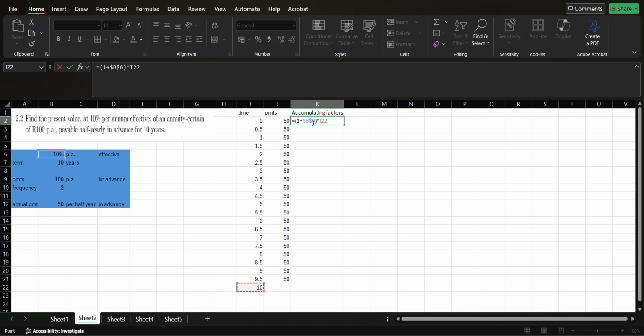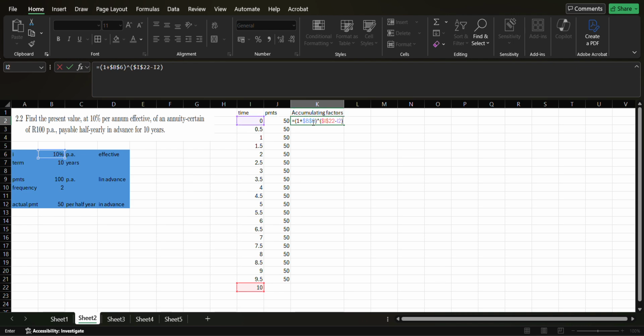We want the future value of an annuity certain of 100 Rand per annum payable half yearly in advance for 10 years. So we want the future value at time 10. So we're going to say raised to the power of time 10, and we're going to fix time 10 minus the time where you are now.